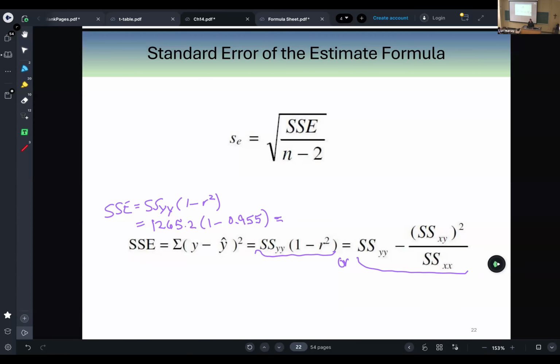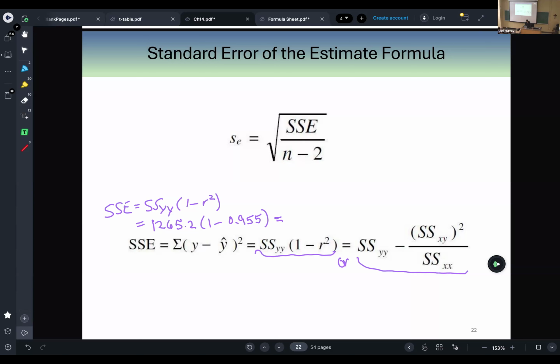So let's have our calculators. We're going to do lots of calculations. 1265.2 times 1 minus 0.955. Now, if we use the sums of squares, we might have got a slightly different number, but I get roughly 56, 57, something like that.